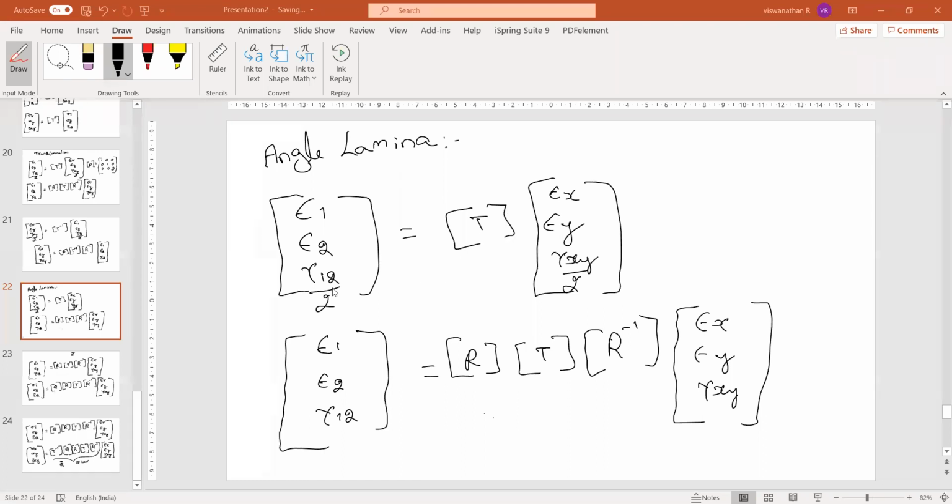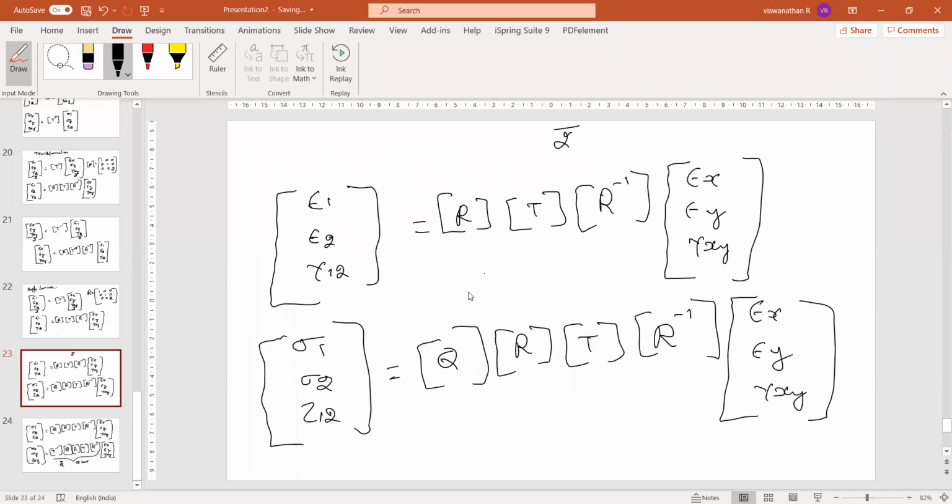Just to avoid writing the 2 over here, I take this R into T into R inverse, where R is the matrix which we defined previously: 1, 0, 0, 0, 1, 0, and 0, 0, 2. So this whole thing and this whole thing is the same.